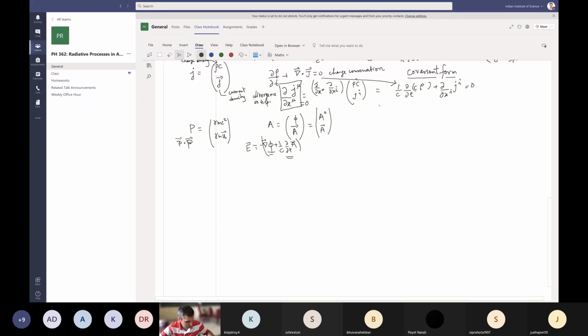Okay, so what about some other equations? For example, this wave equation. We know this: ∇² minus 1/c² ∂²/∂t². We actually dealt with this briefly. Both A and φ satisfy this equation.